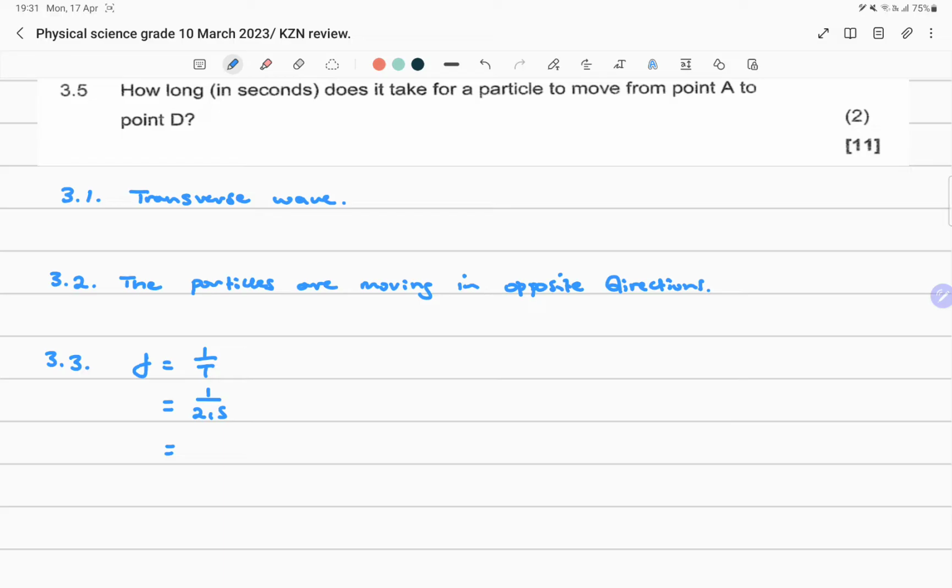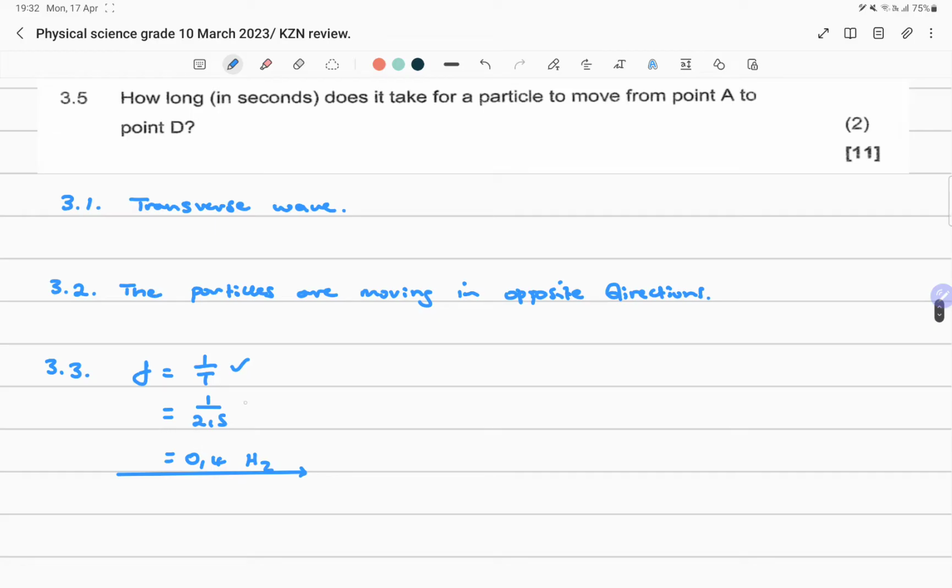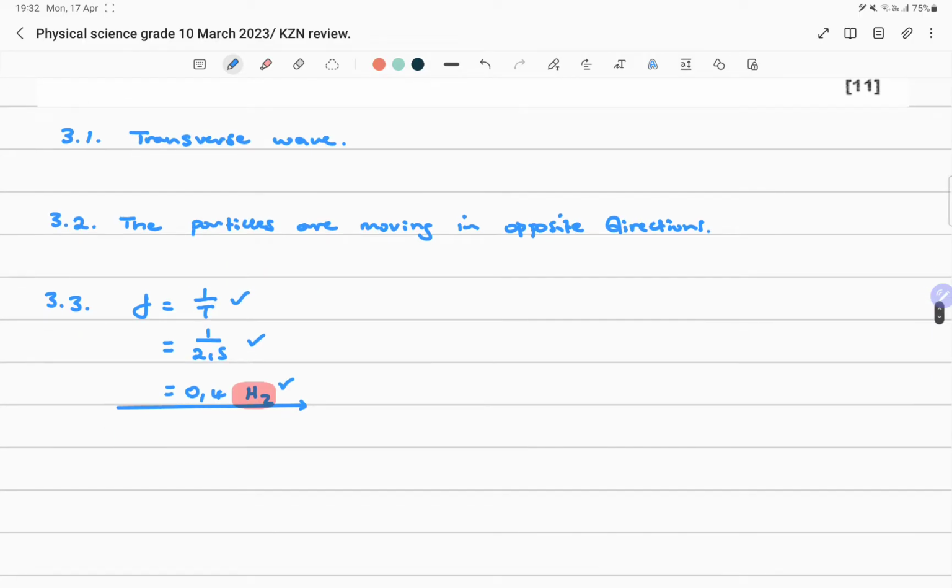That has to be in seconds, right? 1 divided by 2,5 is 0,4. Now what is the unit of measurement for frequency? It is hertz, which simply means per second. You get a mark for a formula, a mark for a substitution, and an answer. And your answer must have a unit of measurement, or else you lose marks.